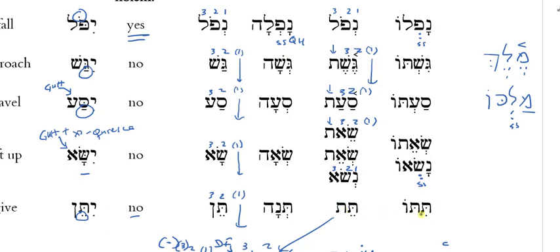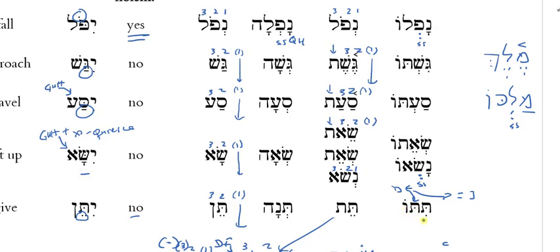And then tet becomes titto, titto. And notice the hovering dagesh forte over that tav gets to drop in. And now I see the dagesh forte that represents the root 3 nun. Okay, so I can see root 2 and root 3 as a dagesh forte. The tav you see here is the bonus tav with the pronominal suffix.